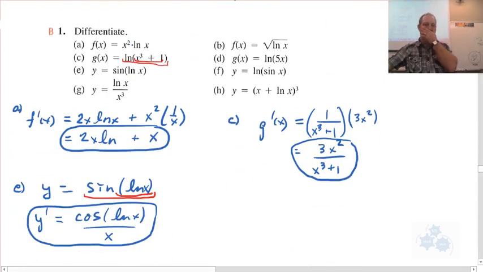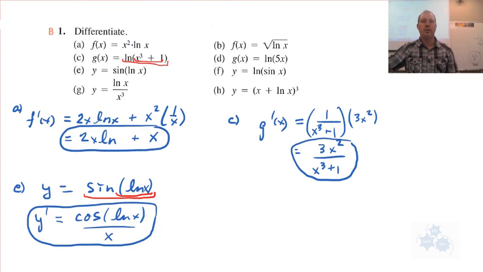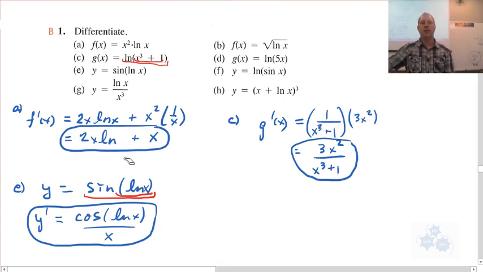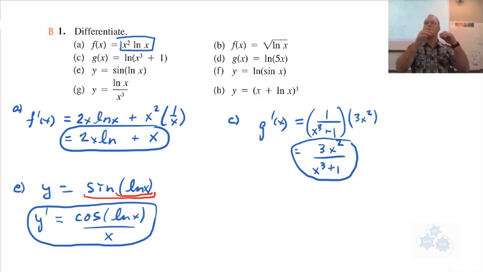All right. So I've got some questions and answers right here. So I'll just walk you through them. I'll just leave these up so you can look at them at your own pace while I'm talking here. If we had to find the derivative of this right here, that's x squared times ln x, we have to do a product rule here. Two functions, an x squared function and an ln of x function.